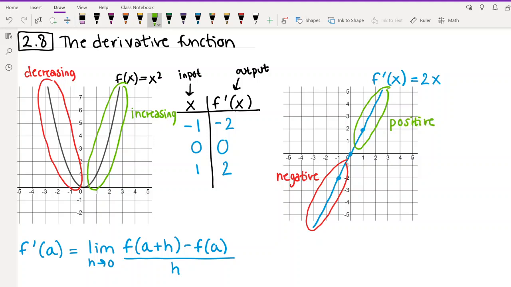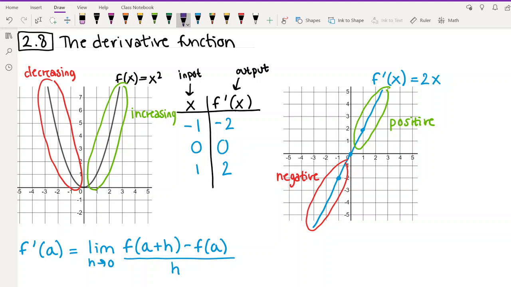If you calculated the slope at every x value in the green part of the original function, you would get a positive number every time. You'd plot those points on your derivative above the x-axis, points like (1, 2) or (2, 4), where your y value reflects that positive slope on the original function.